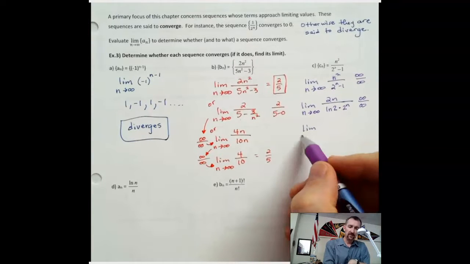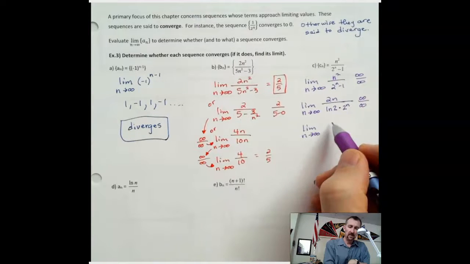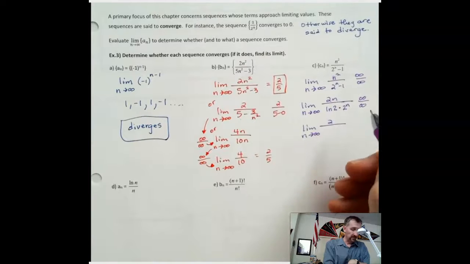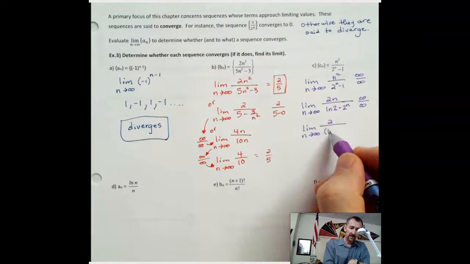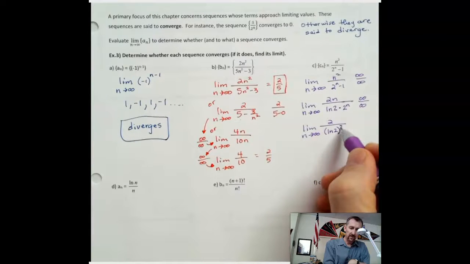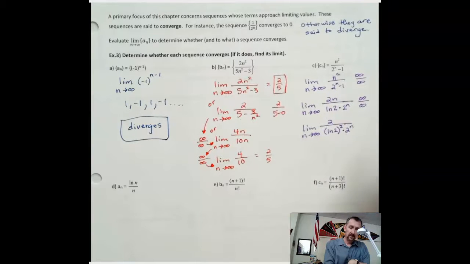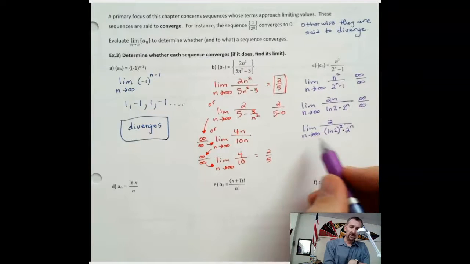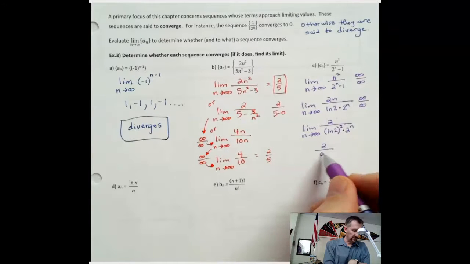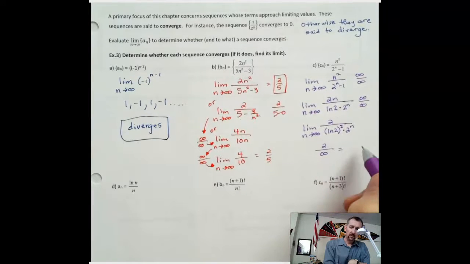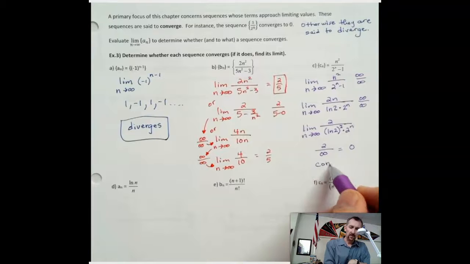So if you take the derivative of the numerator and the denominator again, you're going to get 2 over the natural log of 2 squared times 2 to the n. So if we let n approach infinity there, that's going to be 2 over infinity, which is 0, which means that sequence converges.